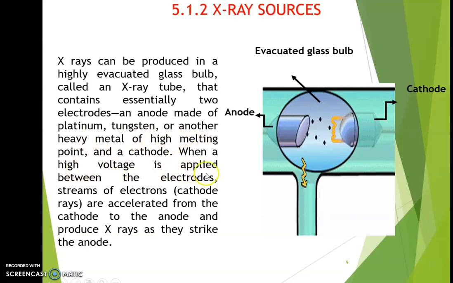When a high voltage is applied between the electrodes, a stream of electrons, which are cathode rays, is accelerated from the cathode to the anode and produces X-ray as they strike the anode. You can see from the diagram.